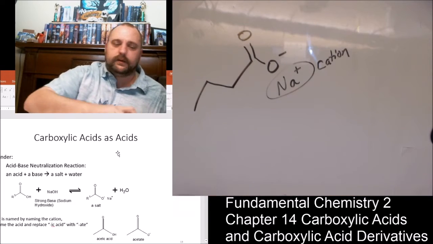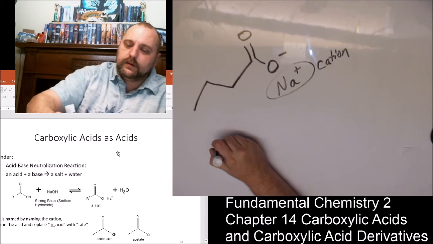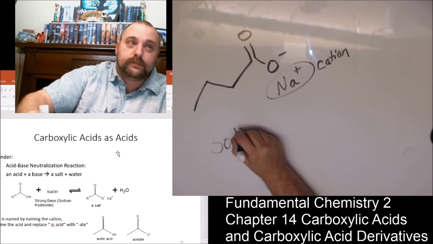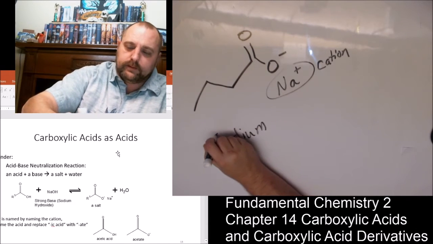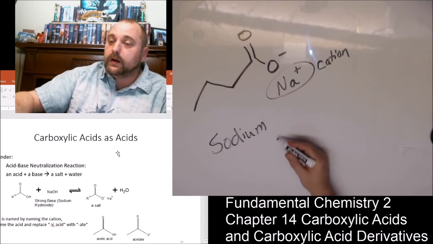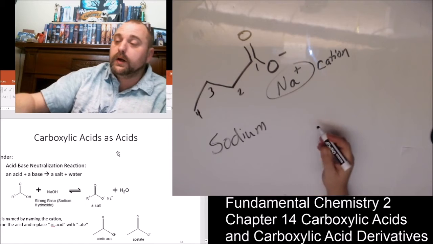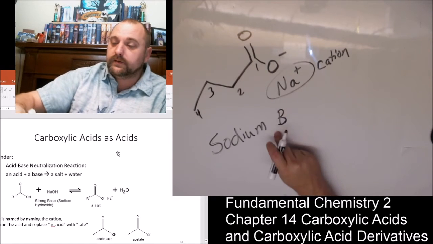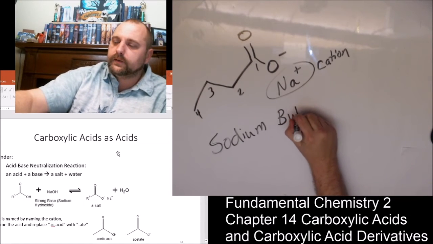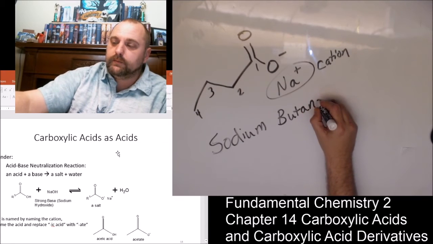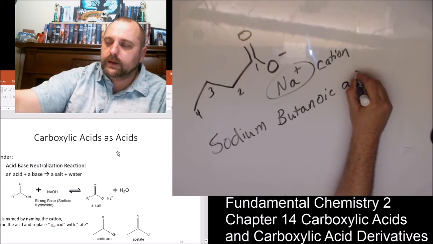So let's name this one then. There's my sodium. Pen wants to die on me. And so number in this: 1, 2, 3, 4. So that would be a separate word, so a space, right? So butane became butanoic acid.